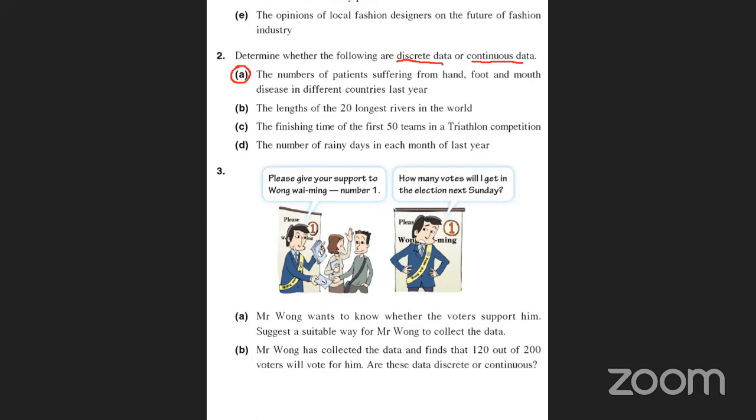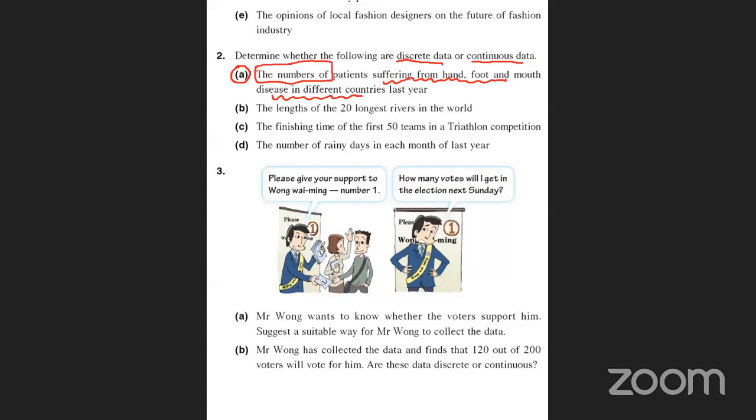Right. Okay, anyone know for 2A, if I am talking about the number of patients, okay, this is the keywords, actually, the numbers of. Okay, I can have the number of patients suffering fever. I can have the numbers of patients suffering COVID-19, etc. The keywords is this one, the number of.